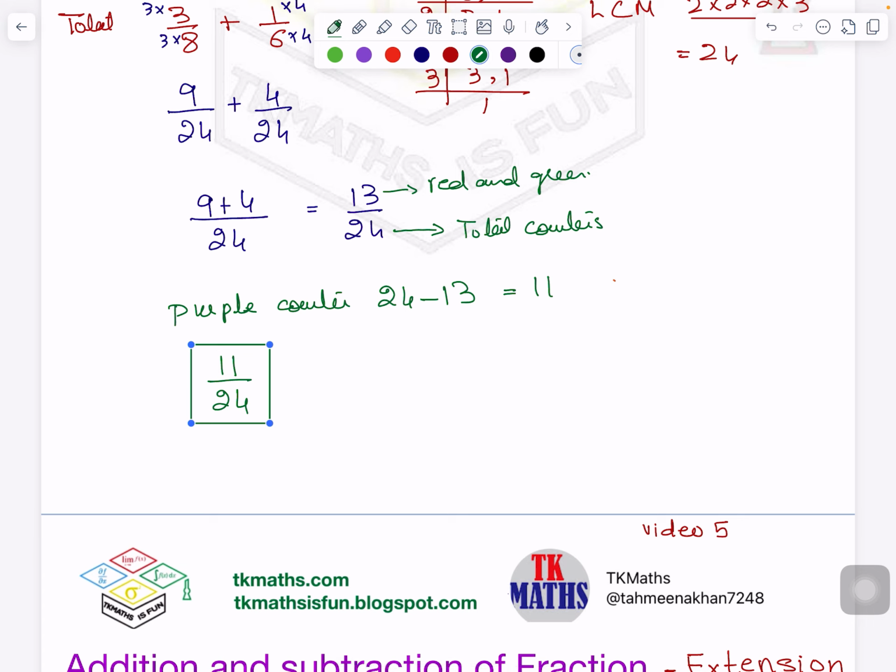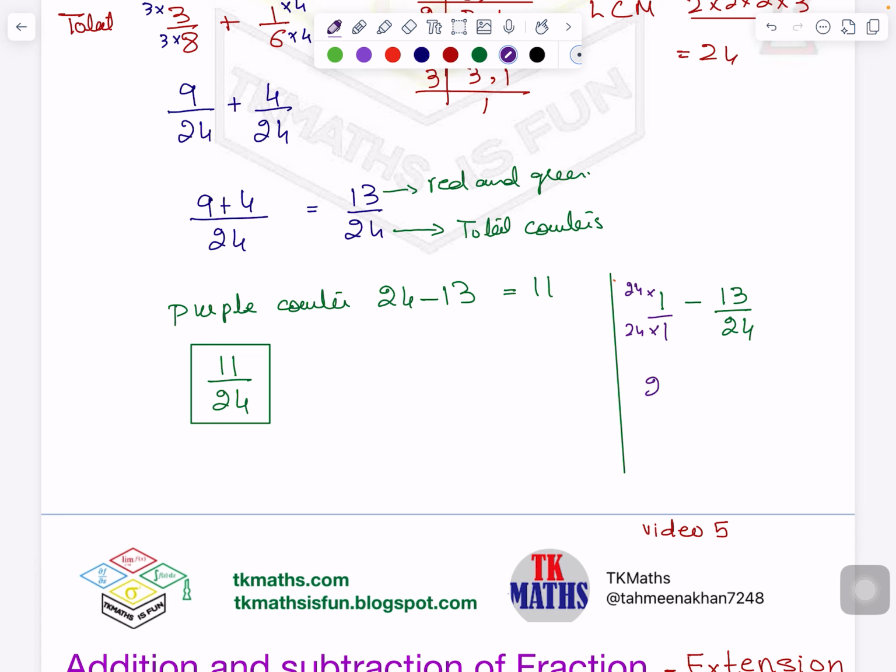The second method which I was talking about is, because 100% is 1, in the case of fractions, the complete thing is 1. So 1 minus the fraction of red and green. This is what I was doing. And the denominator is 1 here when nothing is written. Again, you will make the denominator the same, so you need to multiply by 24.